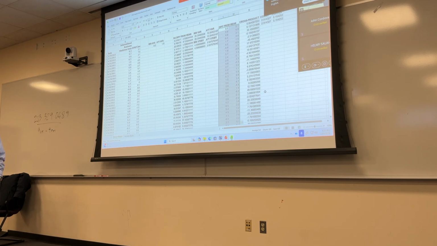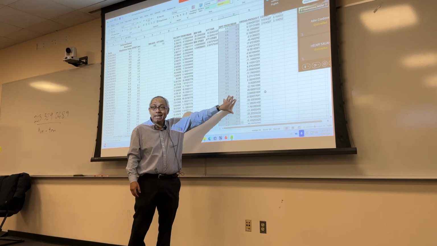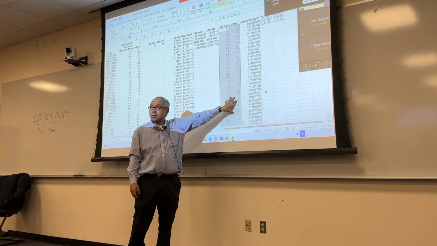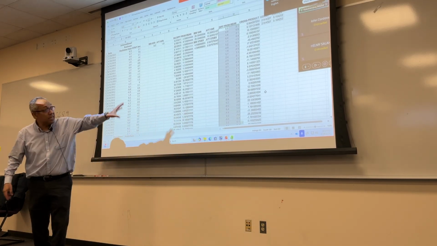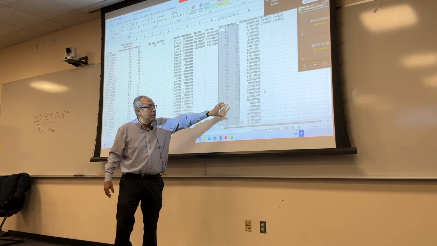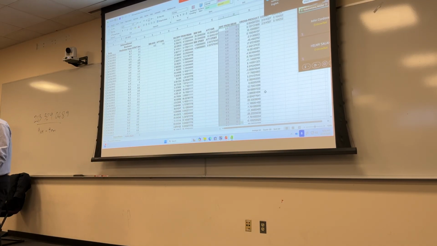So literally the formula for covariance was equal M mult and then open parenthesis transpose and then select this, right? And then comma, and then select this again, because that's what the formula is, D transpose times D. And then close parenthesis, and then divide the whole thing by 59.